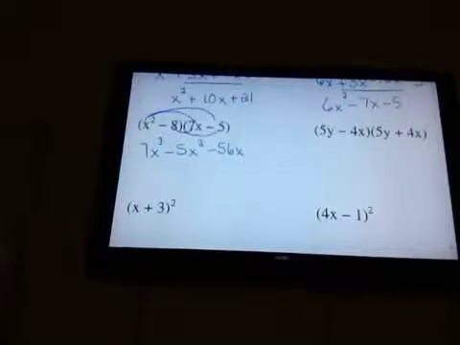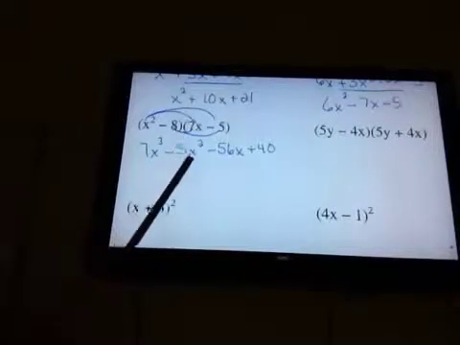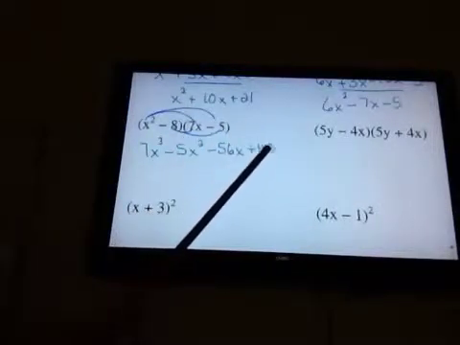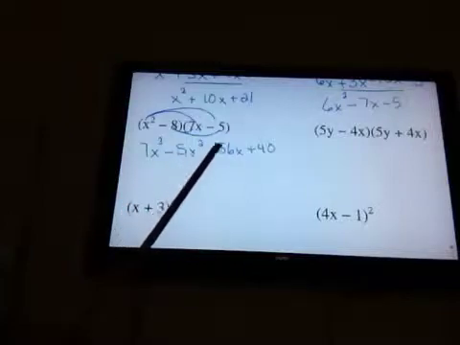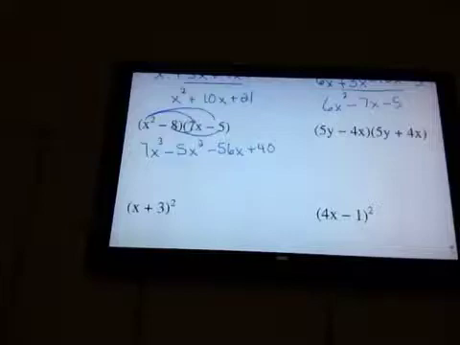And last times last, negative 8 times negative 5, positive 40. All terms are different: x to the third, x to the second, x to the first, constant term. They're all different, which means I can go no further. That is my final answer.